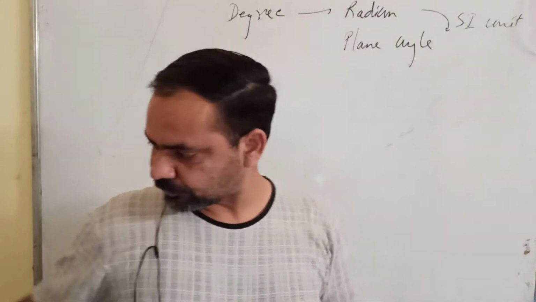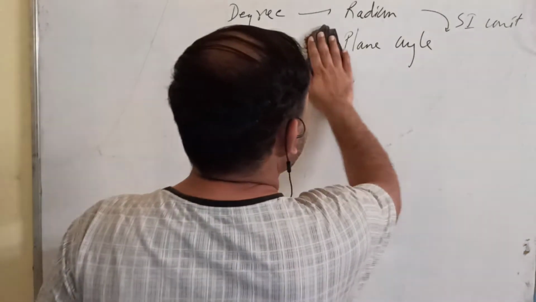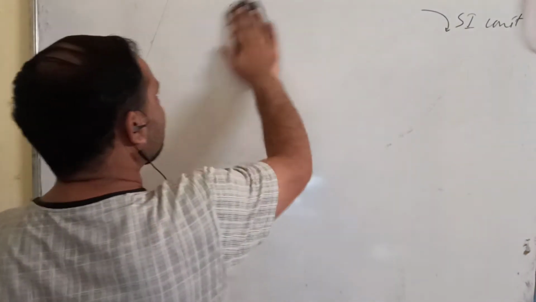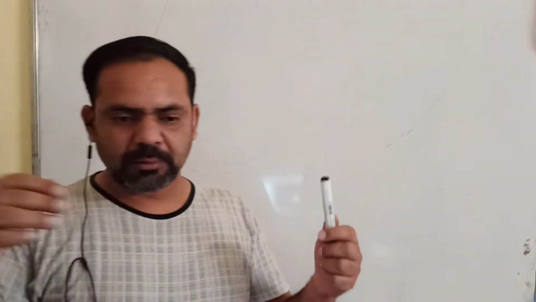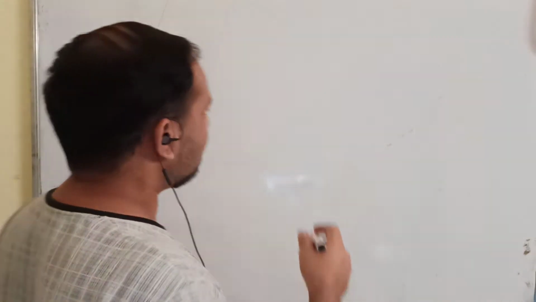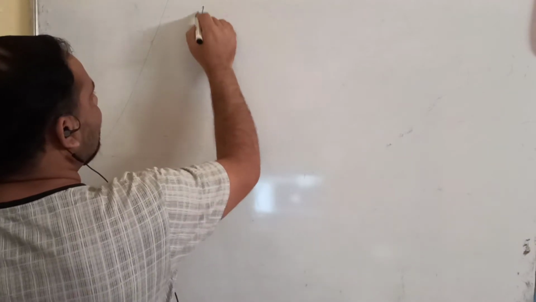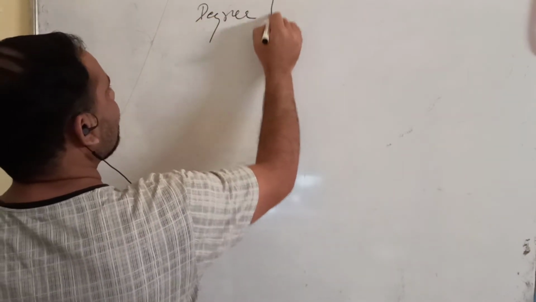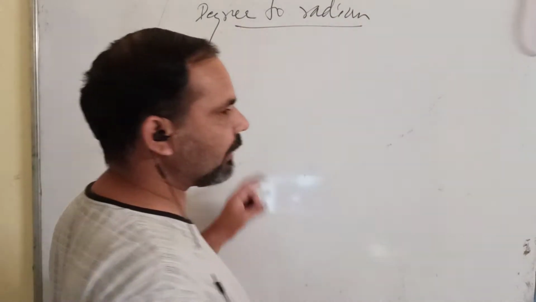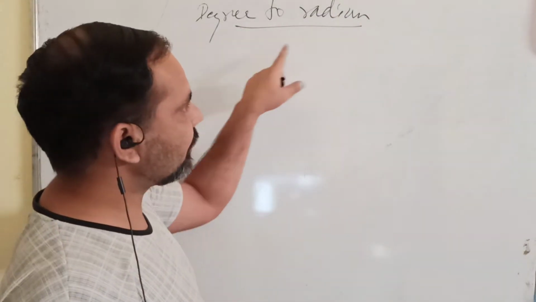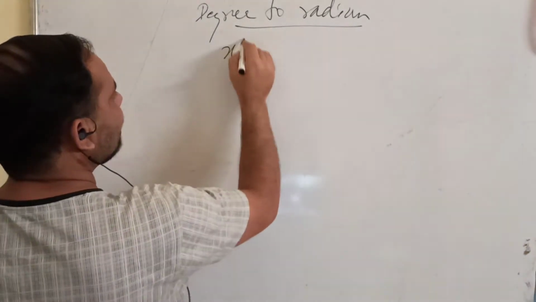Okay. So now let us discuss how we will interconvert a degree measure and radian measure of the plane angle. So suppose degree to radian. Now how to convert an angle from degree measure to radian measure? Suppose you have x degree.